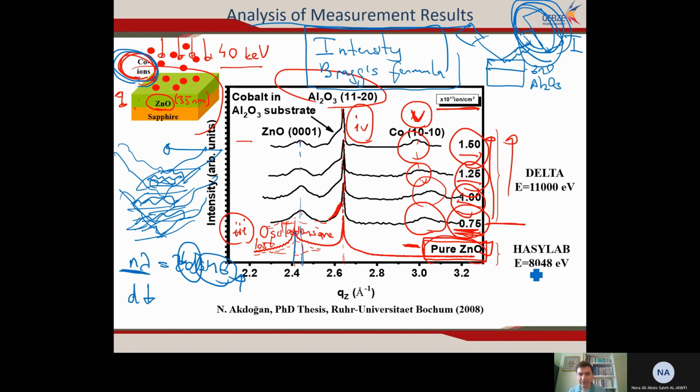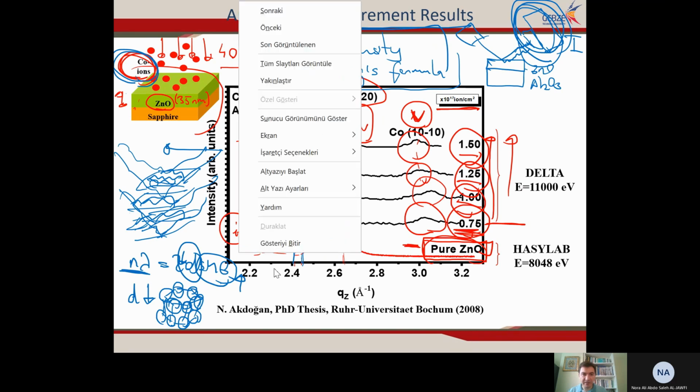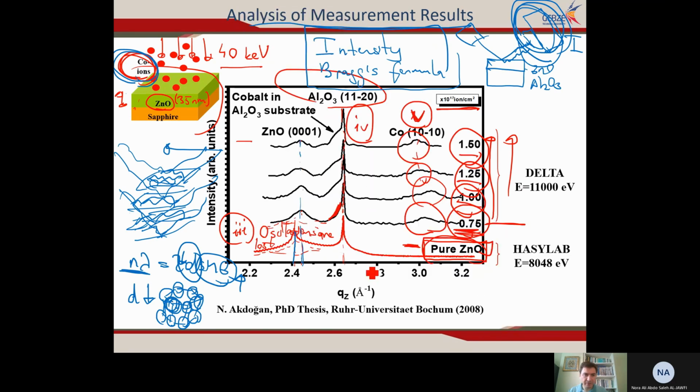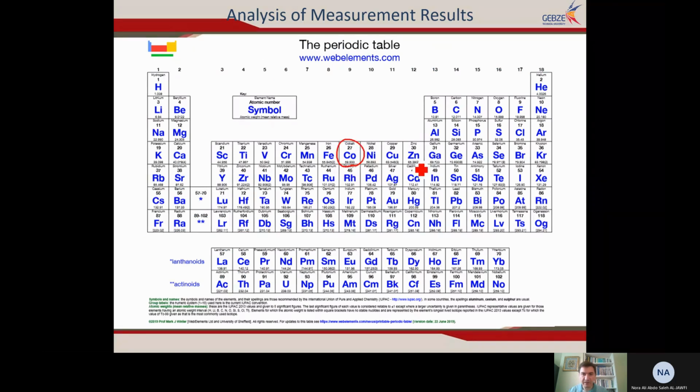Why? Let's consider the zinc oxide lattice, and we have atoms here, let's say zinc atoms within this hexagonal crystal structure, and you put cobalt ions into this lattice. Let's consider here you put one cobalt atom and another cobalt atom. So what happens if you put two cobalt atoms into this zinc oxide lattice? Look at the periodic table. We have cobalt here and we have zinc here.